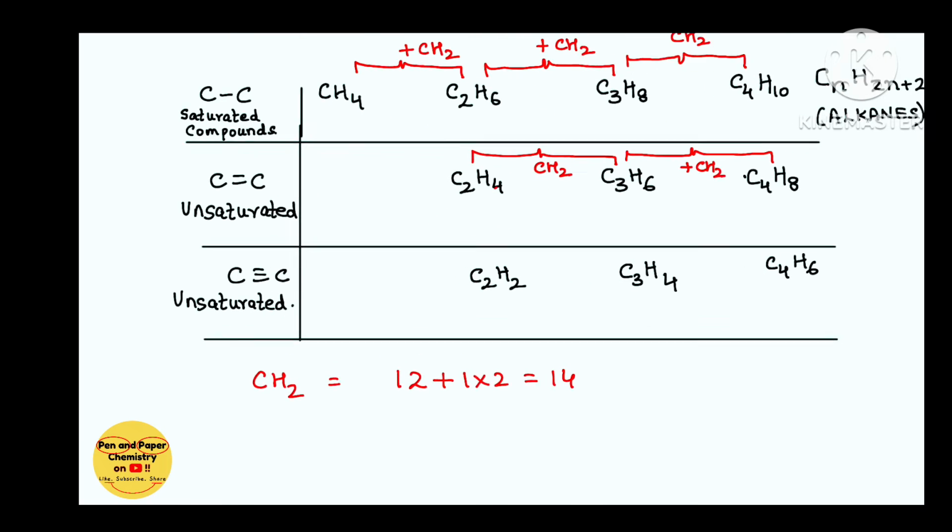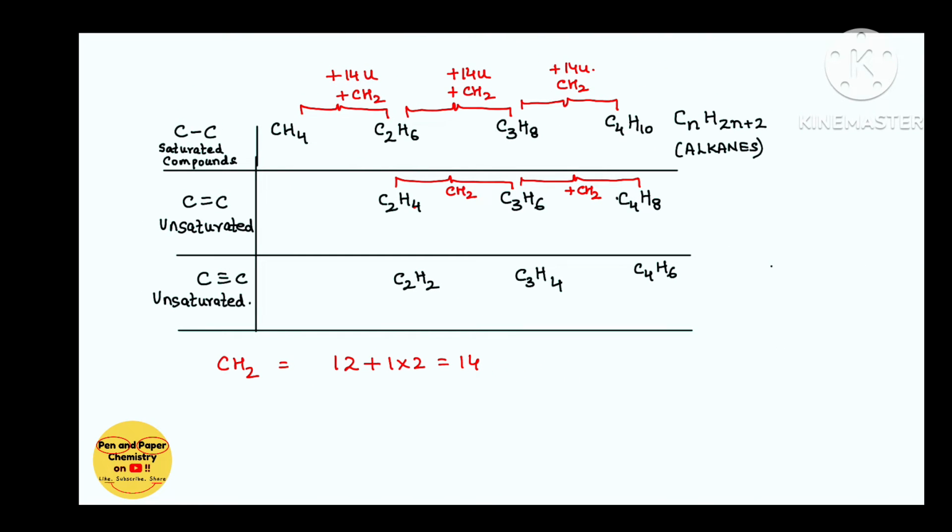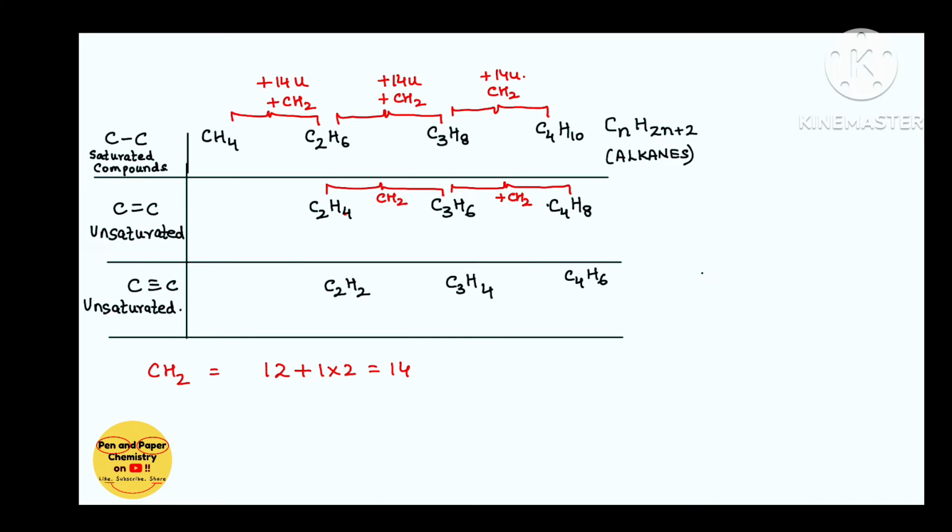Okay, let's see if we can do something similar for the next set of compounds wherein there is a double bond between two carbon atoms. This sounds easy, yes. So this is CnH2n. And this class of compounds are known as alkenes. Notice the E over here instead of the A over here.